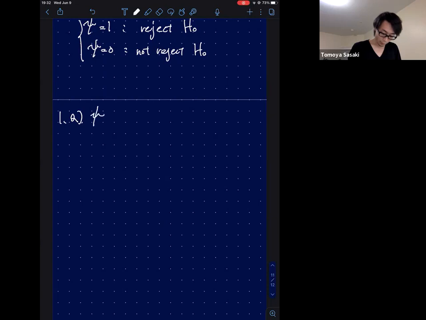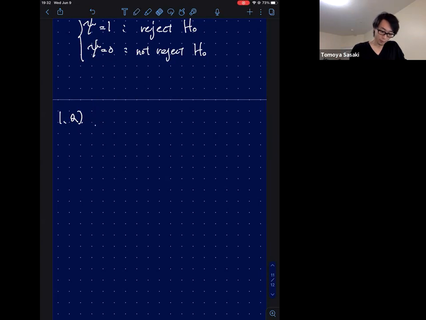Write out all elements in the rejection region for the test psi. So this is what we're being asked. We would like to know the possible combinations of random variables that would reject the given hypothesis H naught, which is the possible combination where psi is equal to 1.